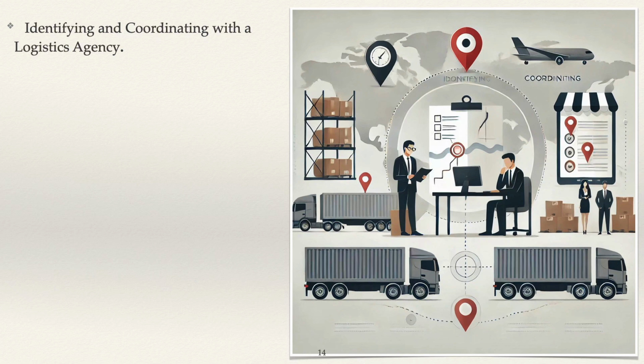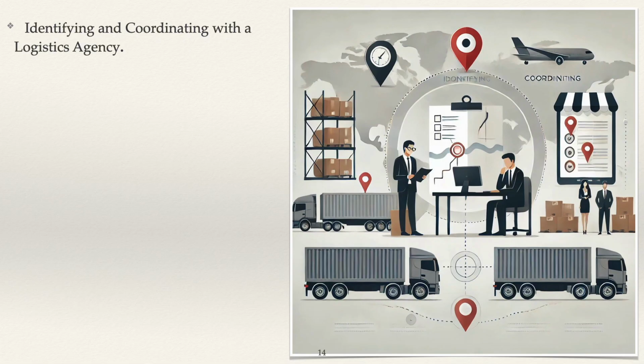The first step is to research and select a logistics agency with a proven track record in handling construction projects, particularly in remote or challenging areas. Look for agencies experienced in transporting heavy and oversized loads, coordinating complex supply chains, and meeting regulatory requirements.